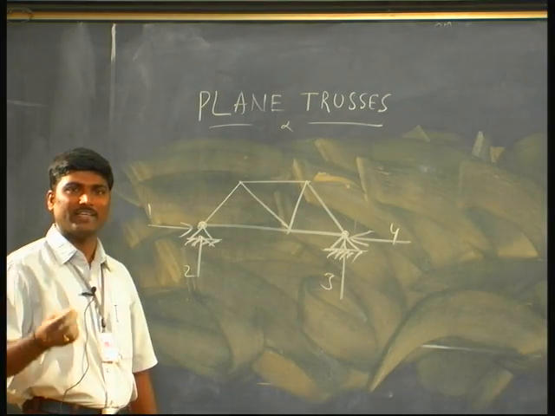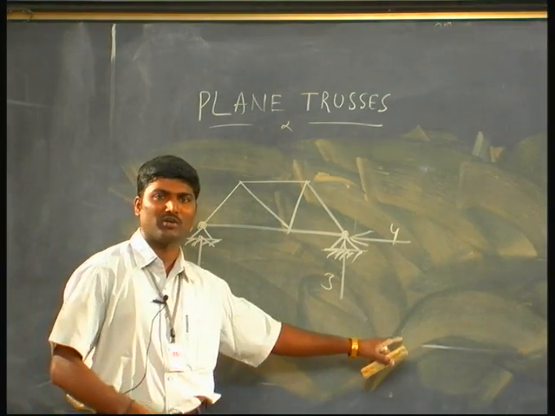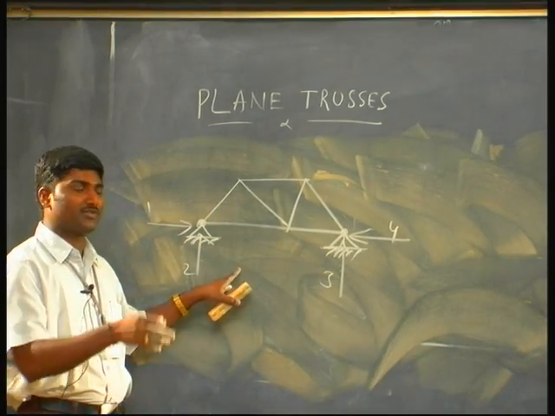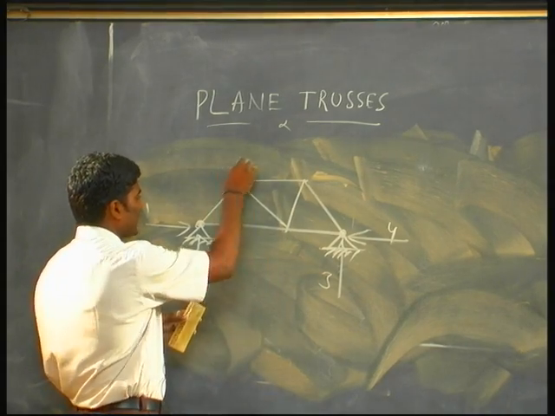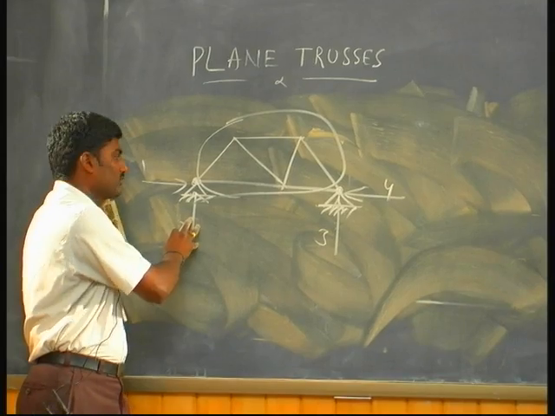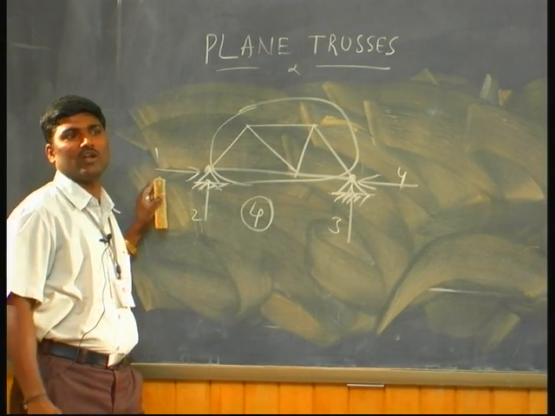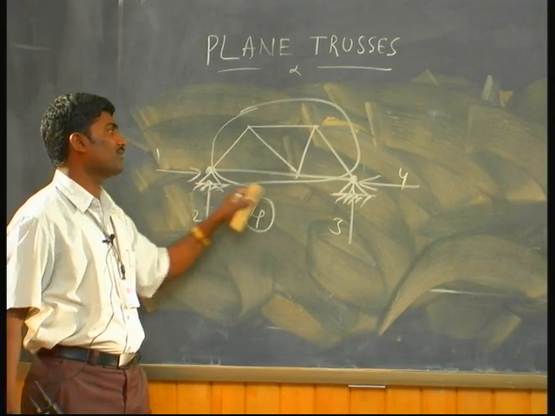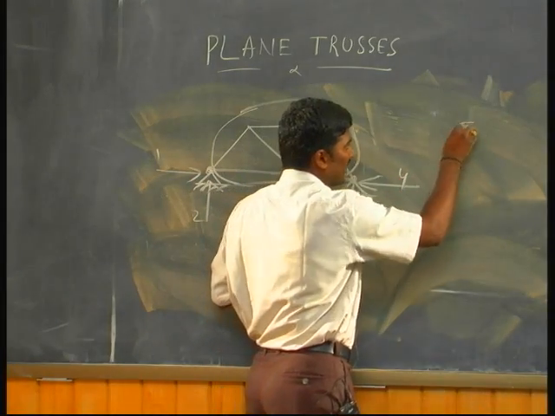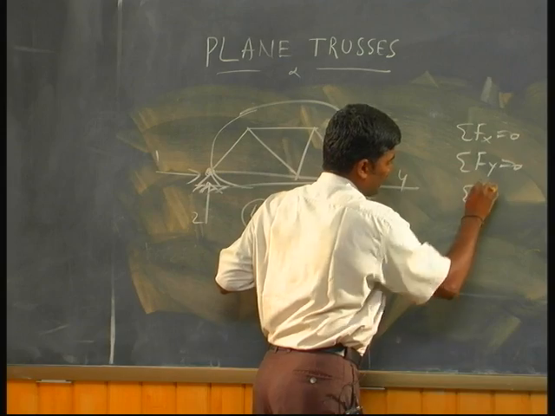4 unknowns externally. The discussion we had just now was because of internal indeterminacy. Now it is because of external. Why? Because you consider this entire thing as a body. Now this is the external thing. So you have externally 4 unknowns, but for the equilibrium of a body under all these forces you have only 3 equilibrium conditions: sigma Fx, sigma Fy, sigma M = 0.